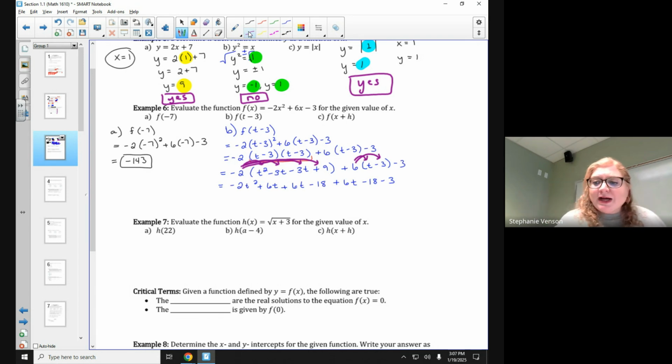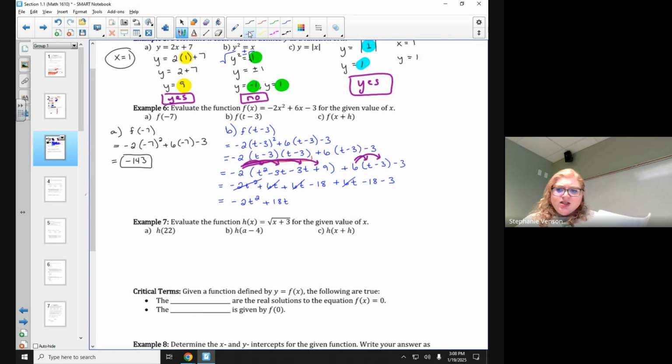And now I'm going to combine like terms. So I don't have any other t squared, so I'll just do negative 2t squared. Okay, that took care of this one. Now 6t and 6t and 6t is 18t. So plus 18t. That took care of those three.